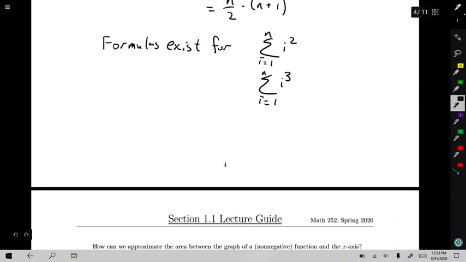And more generally, I believe that formulas exist for the sum from i equals 1 to n of i to the k power, where k is, again, your favorite positive whole number. I'm not 100% certain on this last claim, but I believe it's true, and certainly we have formulas for some small values of k, but I think it's true for all k as well.